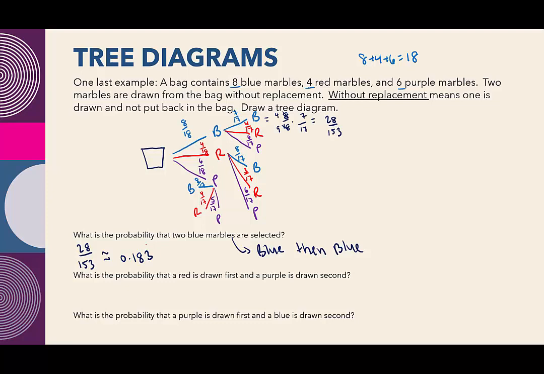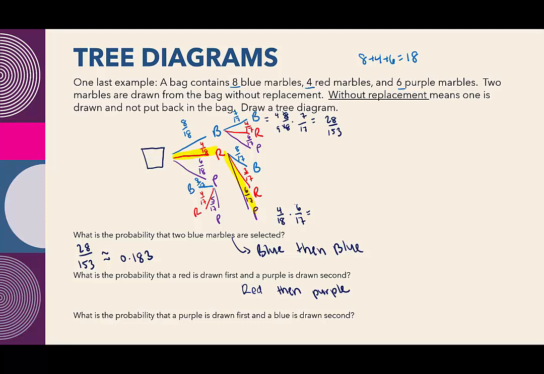What is the probability that a red is drawn first and a purple is drawn second? So this is red, then purple. For red, then purple, the red is first, the purple is second, so we're following that path. That would be 4 out of 18 that red happens first, times 6 out of 17, the probability that purple happens given red already happened.